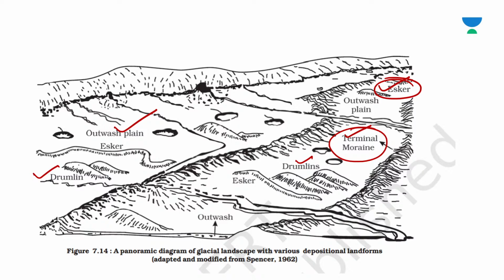So these waters accumulate beneath the glacier and flow like streams in a channel beneath the ice.